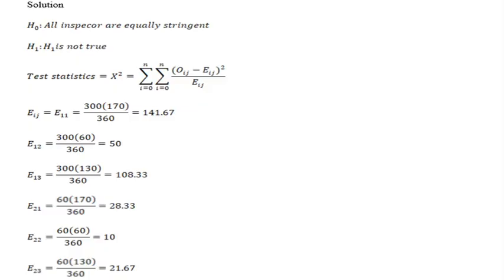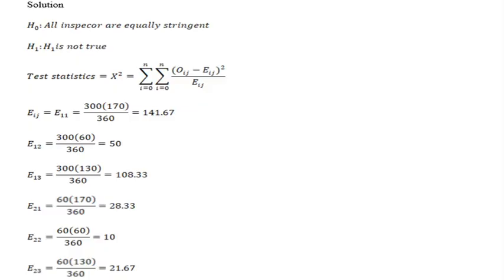So for E11, row 1 column 1, our row total is 300 times our column total, which is 170, all over our grand total, which is 360. That will give us 141.67. Then E12 means row 1 column 2.